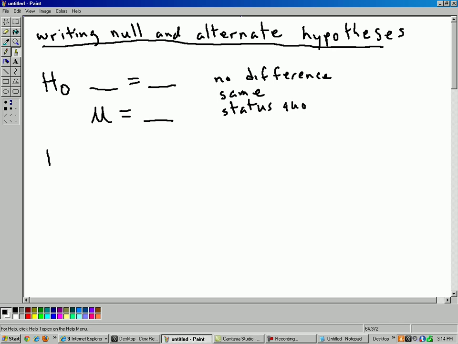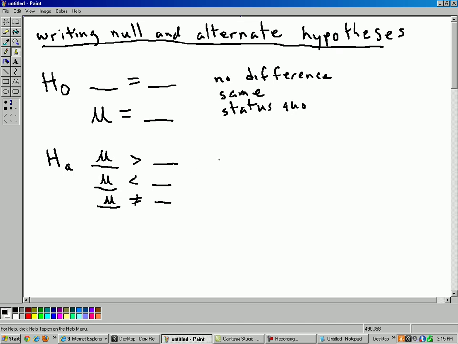All right, now the alternate hypothesis, abbreviated HA, this is a difference of some kind. And so the basic format of the alternate is something is greater than something, or maybe something is less than something, or something is not equal to something. Now, in particular with chapter 15, we're interested in mu, so it would be mu is greater than something, or mu is less than something, or mu is not equal to something.